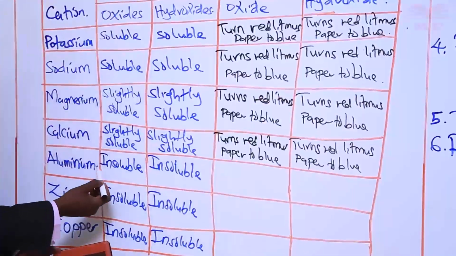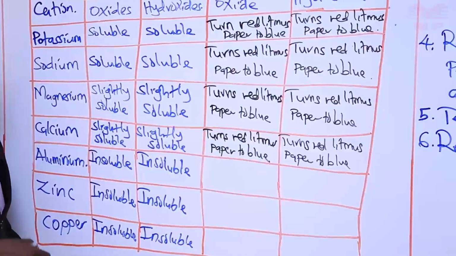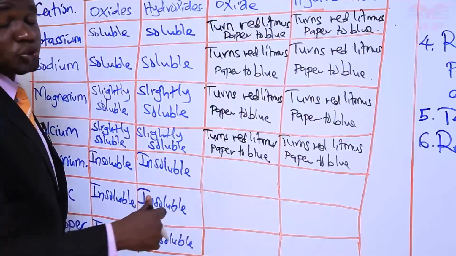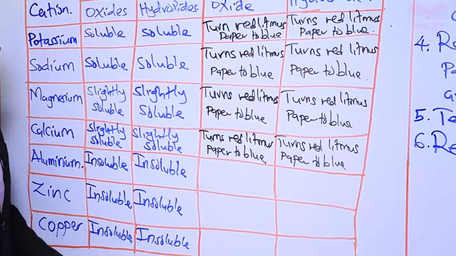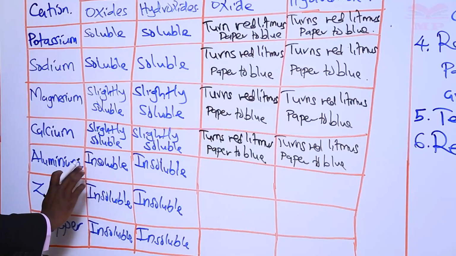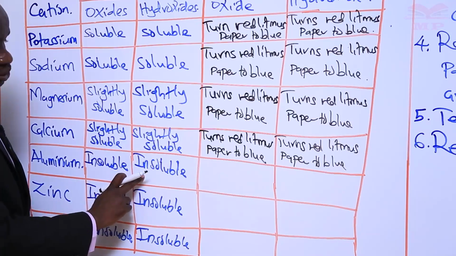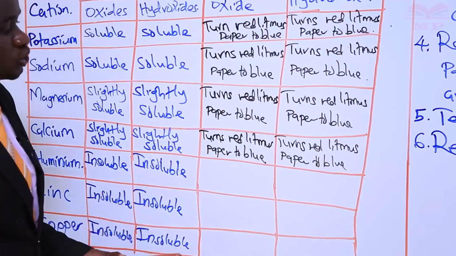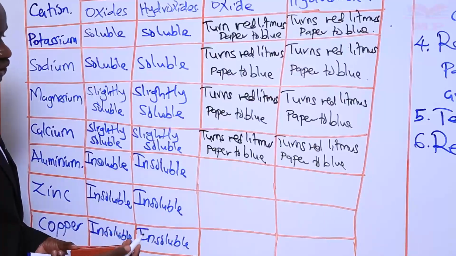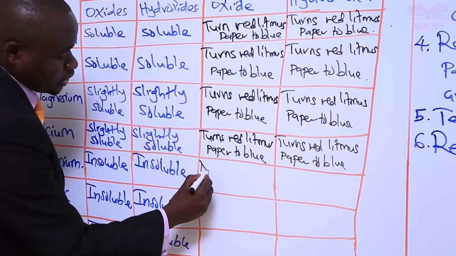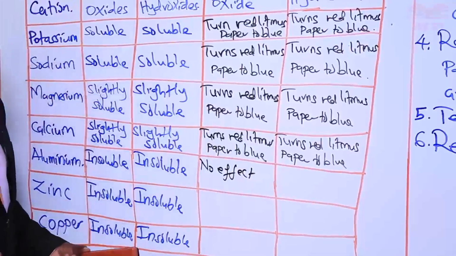Now that these three are insoluble, then it means we shall not form any basic solution. As a result, the resulting solution will not have any effect on litmus paper because the solution is neither basic nor acidic, because both aluminium oxide and aluminium hydroxide are insoluble. That means we shall not form any basic solution. Therefore, there is no effect of the resulting solution on litmus paper.